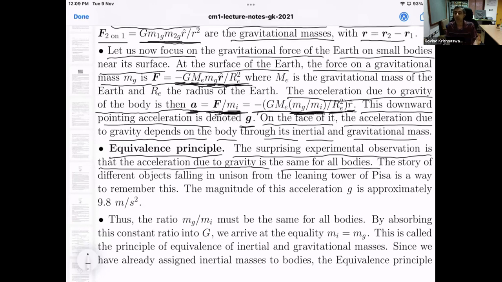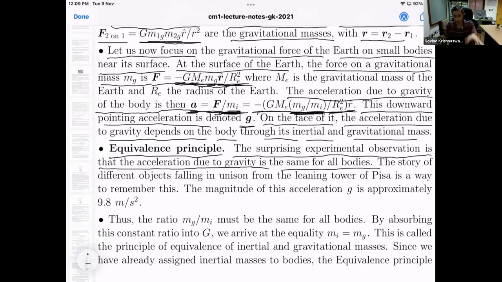But suppose you take this bottle, this mobile phone, this pen and so on, and drop them from the same height, and ensure that air drag and such resistance are minimized, then one finds that all bodies suffer the same acceleration, fall in exactly the same manner, no matter how big or small they are.